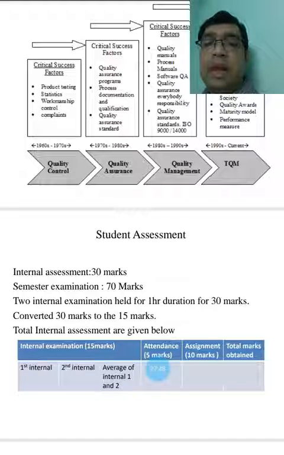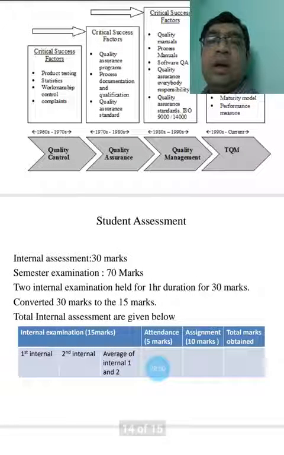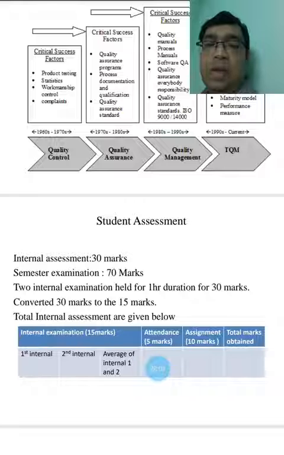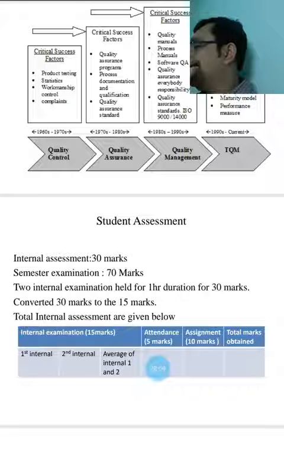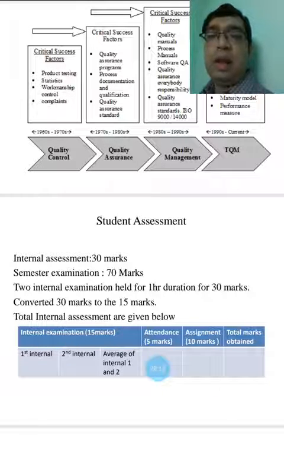For the internal assessment of 30 marks, two internal examinations are held, each of 1 hour duration for 30 marks, in between the semester. The first internal examination will be held after 2 months, and the second will be held after 1 month.